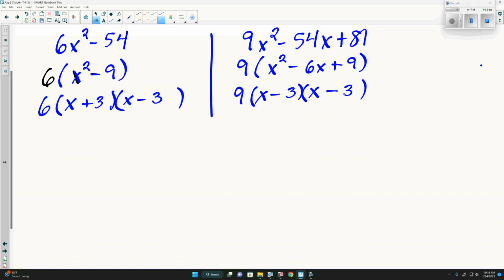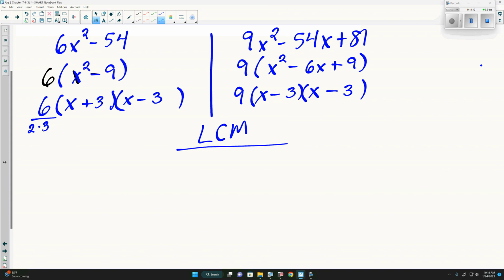Now, least common multiple, least common denominator. Another way to think of it is we take whichever one has the most of that term or that number to a power. Because if we think of 6, really in prime factorization, writing it as a product of primes, it's 2 times 3.